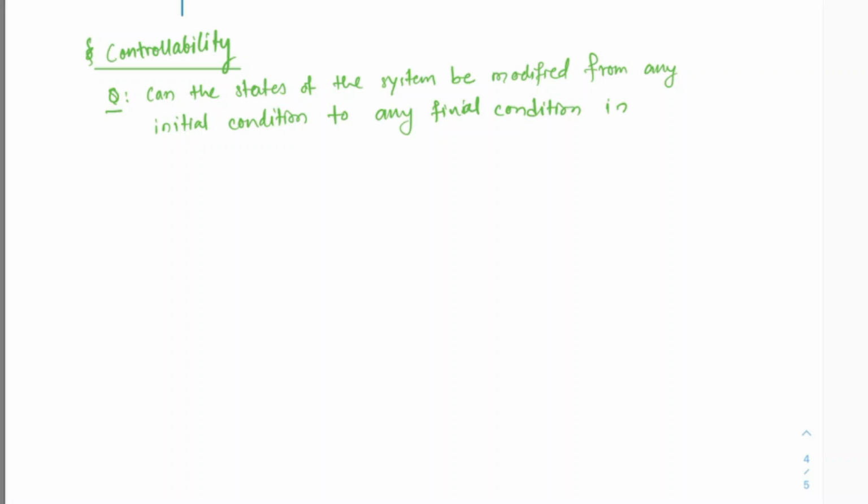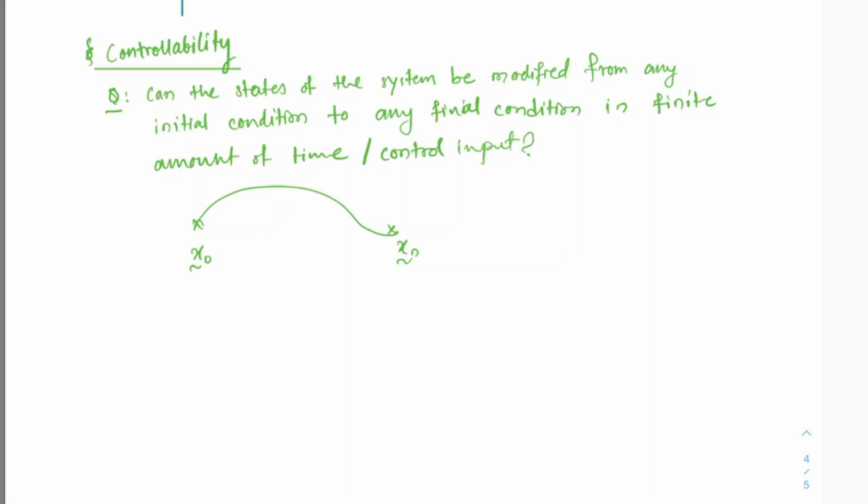in finite amount of time, using a control input? Which means if you are at this point x0, and you want to be here, say xn, then you take some moves.